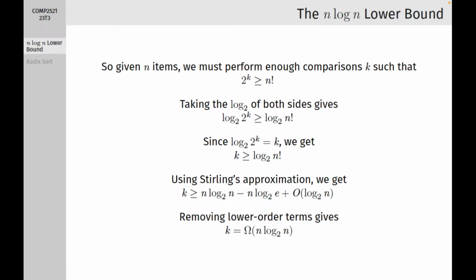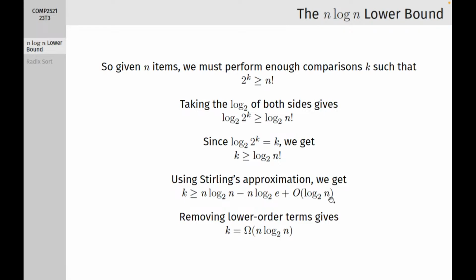Then there's something called Stirling's approximation, which I've linked in the slide. If you click this, it will take you to a Wikipedia page on it. But log base 2 of n factorial is approximately equal to this expression here: n log base 2 n minus n log base 2 e plus big O of log base 2 n.